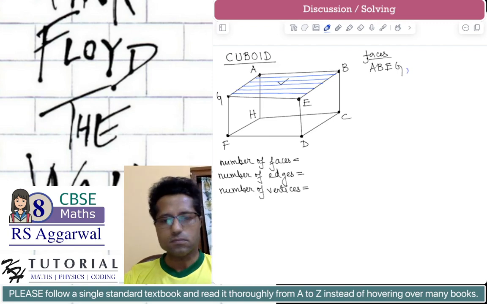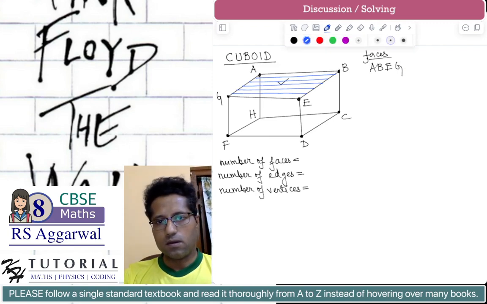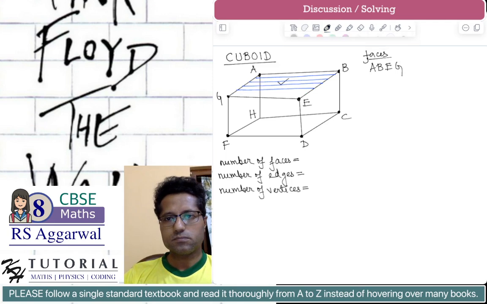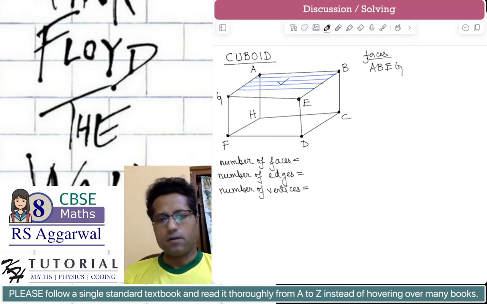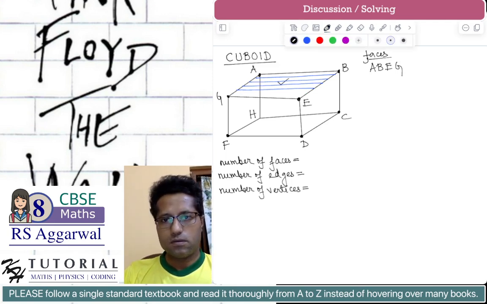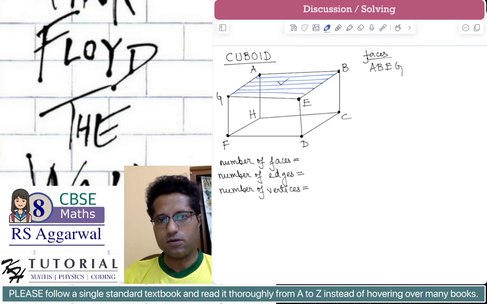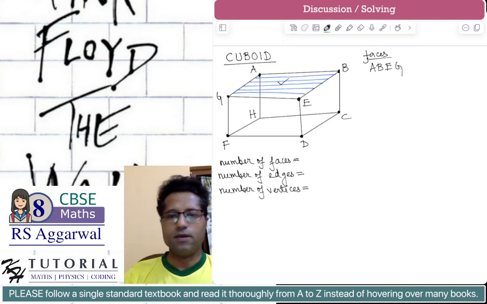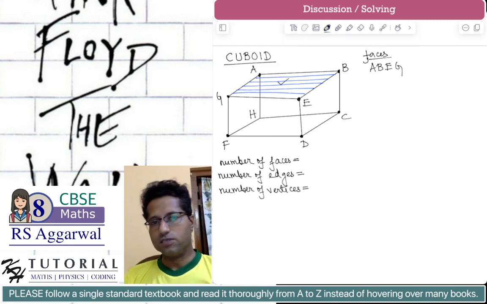It will be really difficult for me to draw this visually because I'm not really used to drawing. Anyway, ABEG is a face.